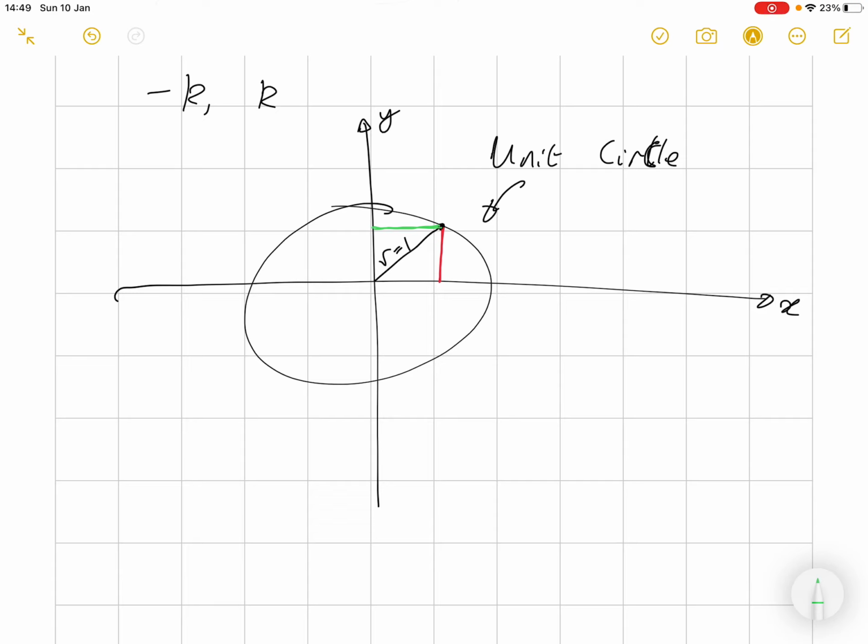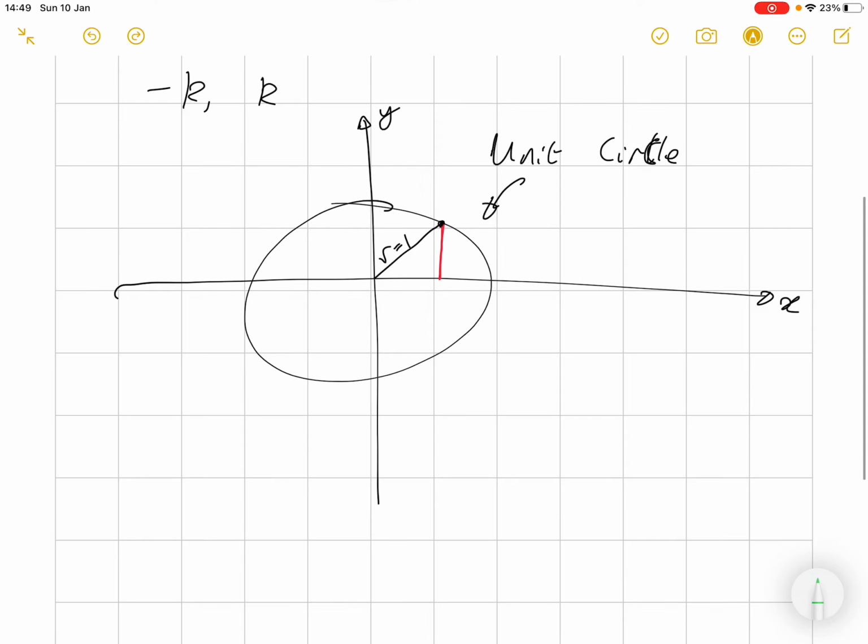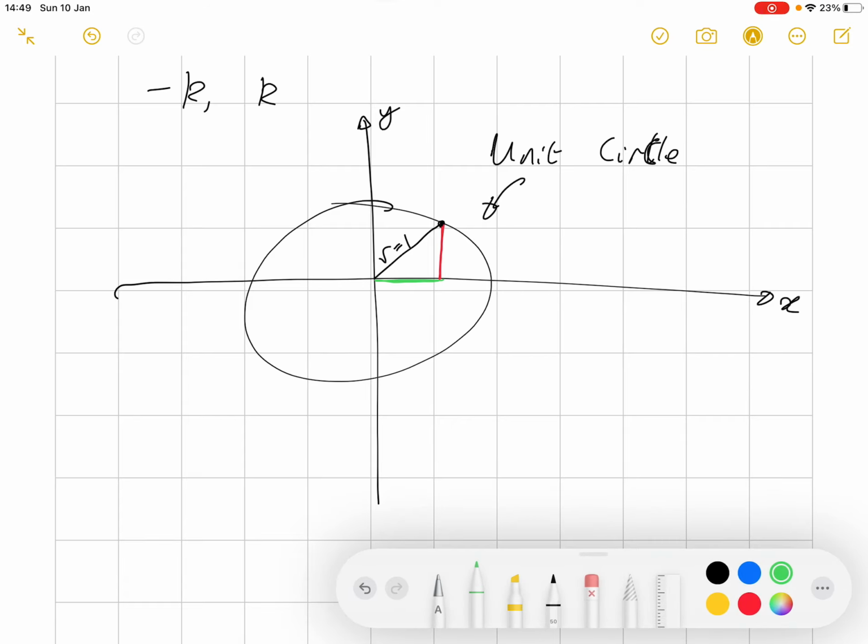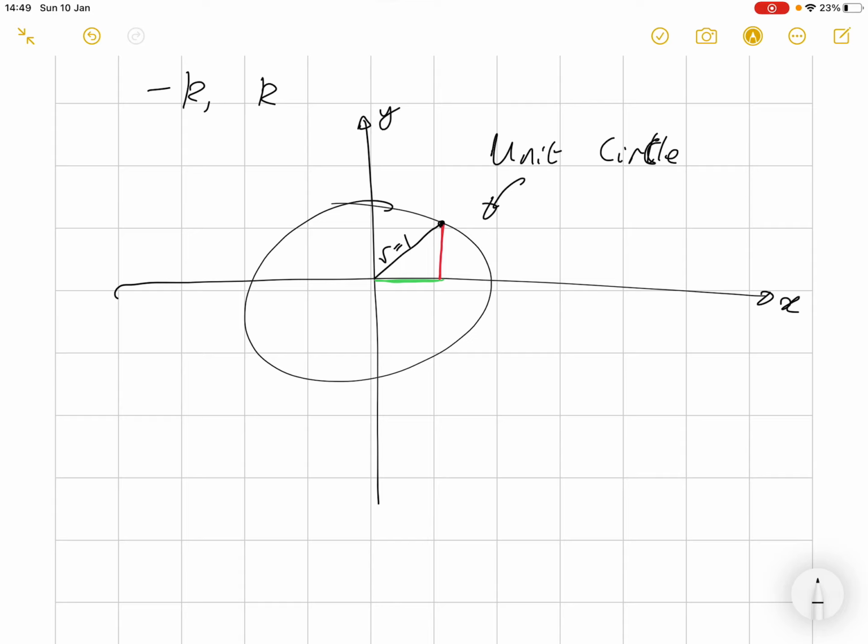But this is called trigonometry, and trig needs a triangle, but this shape doesn't have 3 sides. So what we do is we quite simply put the green line here. And now we have a triangle. And one last thing, we also have an angle. That's not very clear, but that's theta.